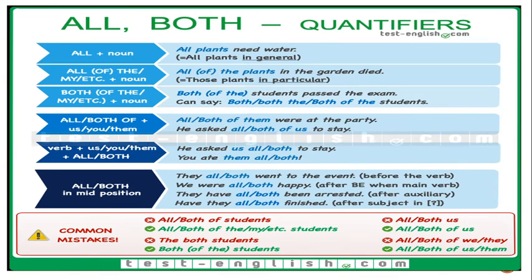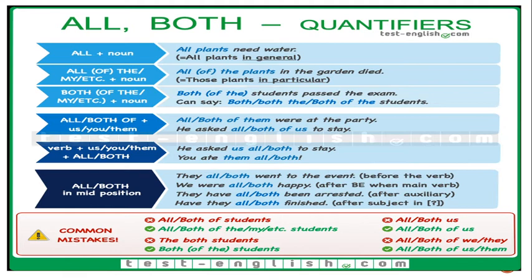Next quantifier is all, both. Where to use all, both? All plants need water. All plants in general. So, all of the plants in the garden died. The meaning of this is those plants in particular.